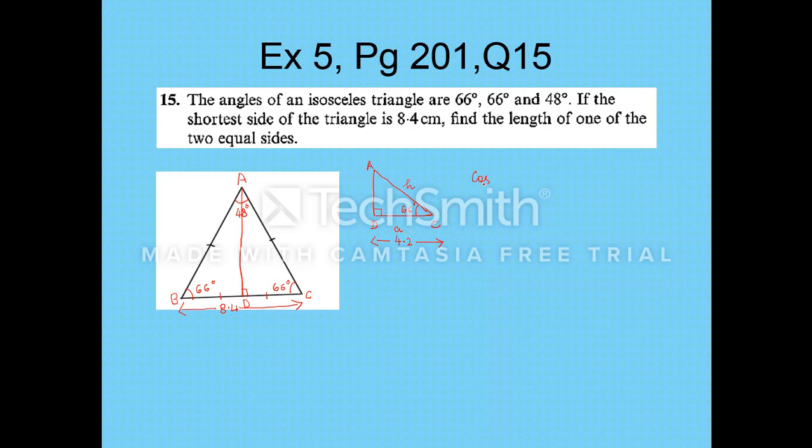So cos 66 degrees will equal DC over AC. So AC will equal DC over cos 66 degrees. Or in other words, it will equal 4.2 divided by cos 66 degrees.